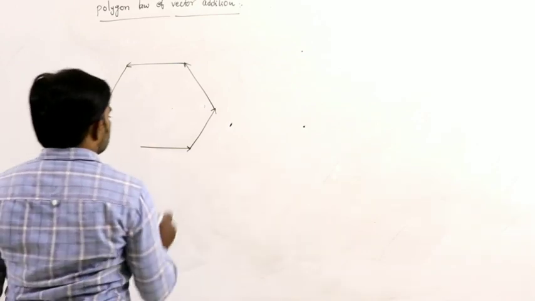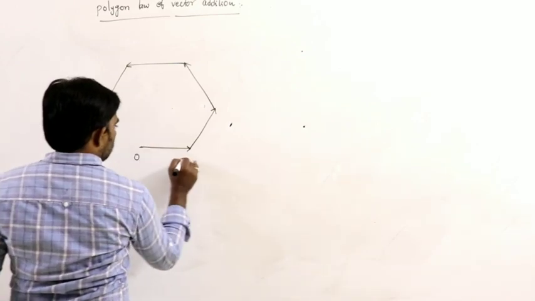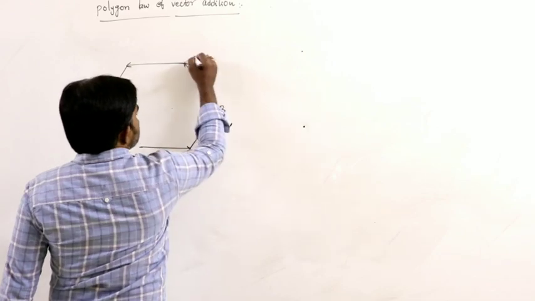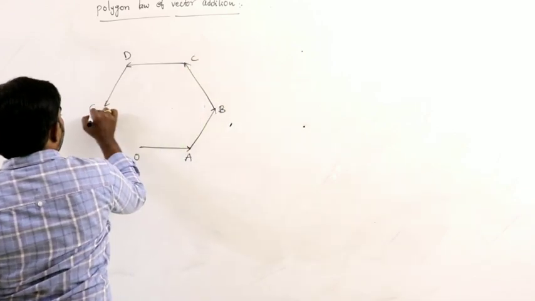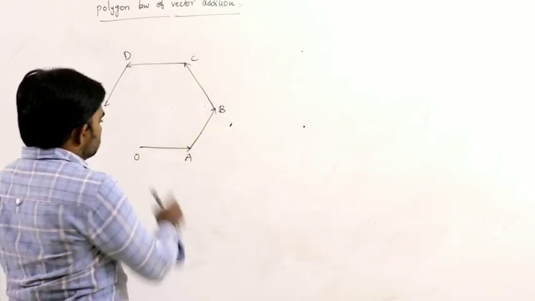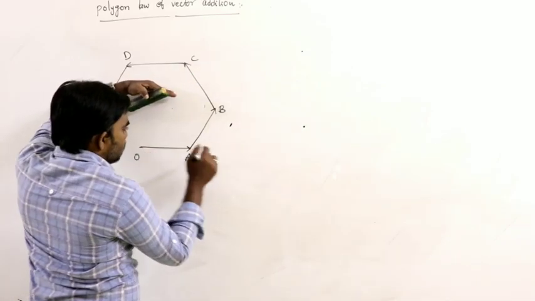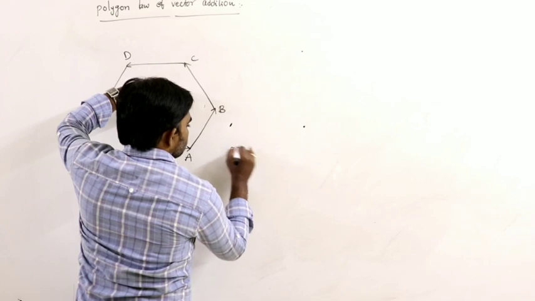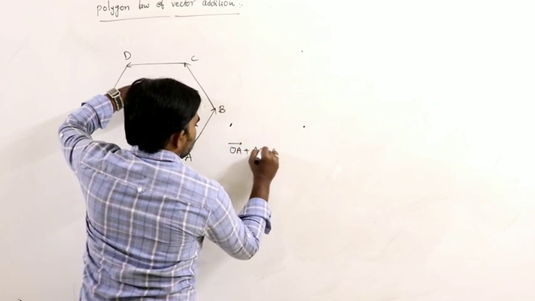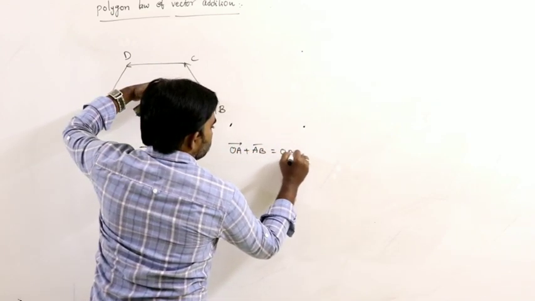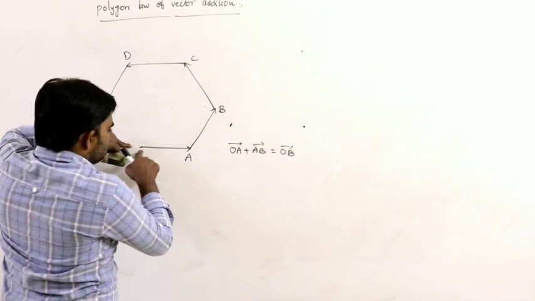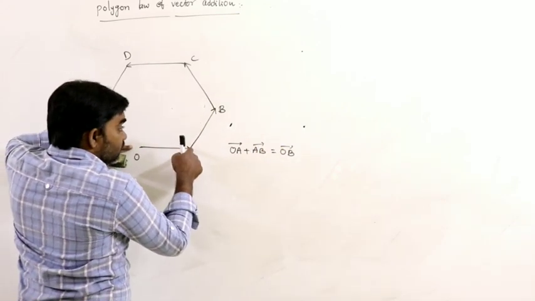See here, first it is O, A, B, C, D, E. So first forget about all those. OA bar plus AB bar gives OB bar. The first vector is OA bar, the second vector is AB bar.